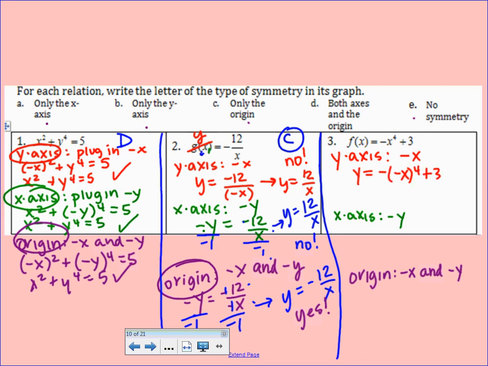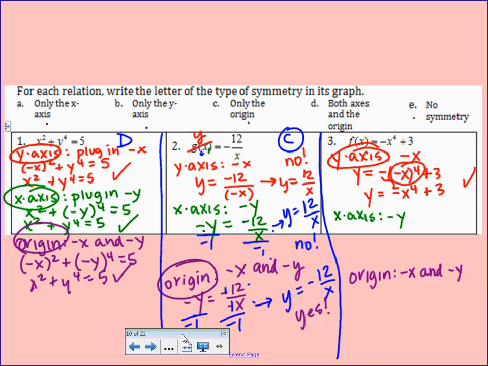How did this one simplify? That worked out: negative x to the fourth plus 3. Make sure you check this, guys. Exponents first makes it positive. The negative just came down in front. So was that the same? Yes. This one's y-axis.